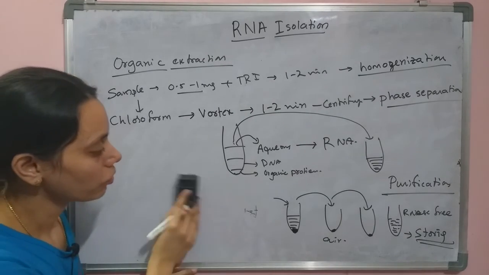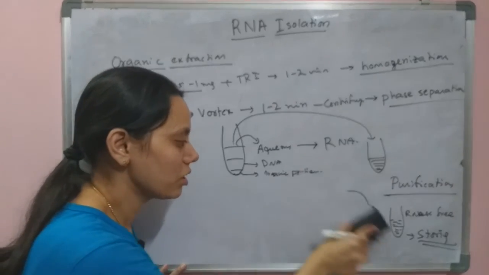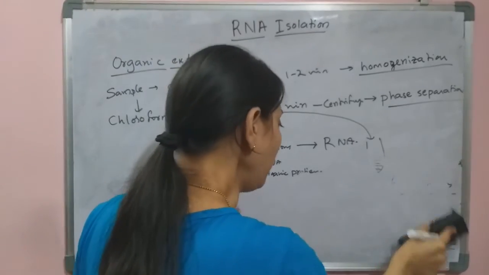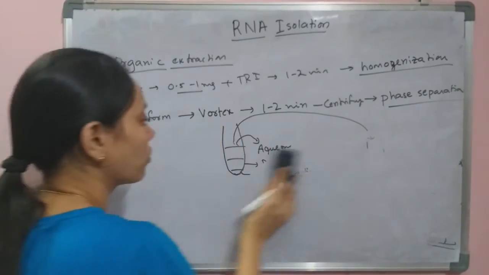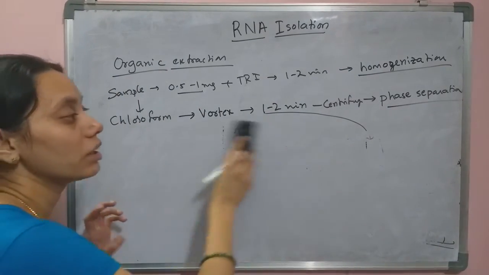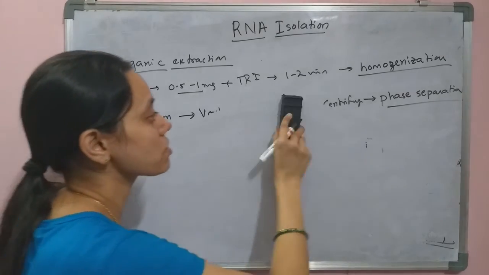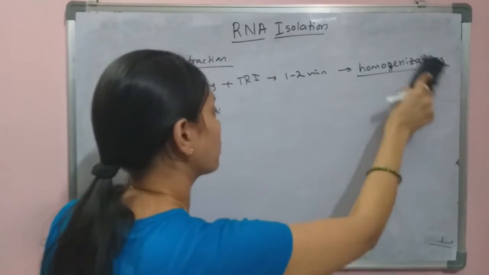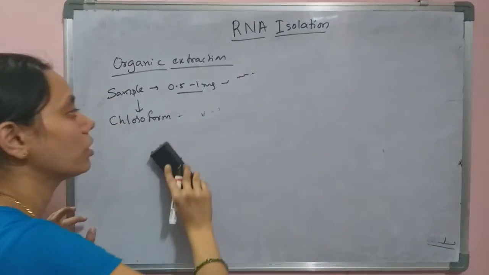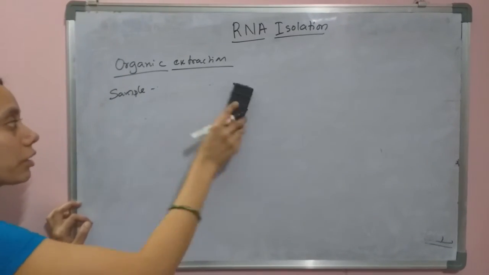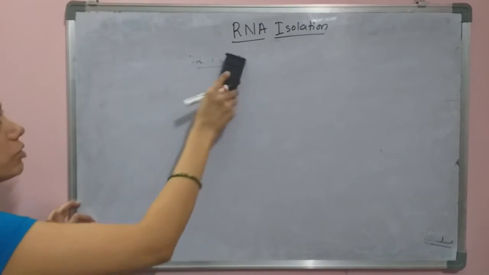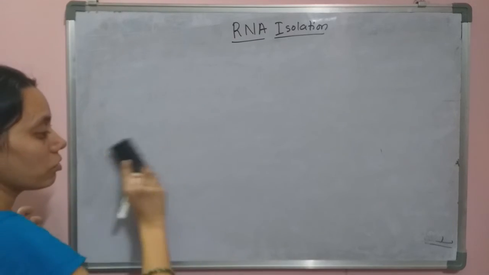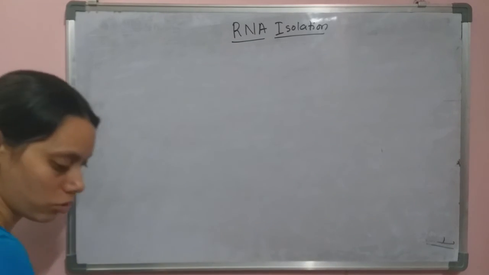So basically this is the whole idea of the organic extraction method. So what if you have contamination? How do you learn that your sample got contaminated? Your extracted RNA may have some contaminations, whether it may be a salt contamination, solvent contamination, or contamination with other nucleic acids. So what are we going to do?